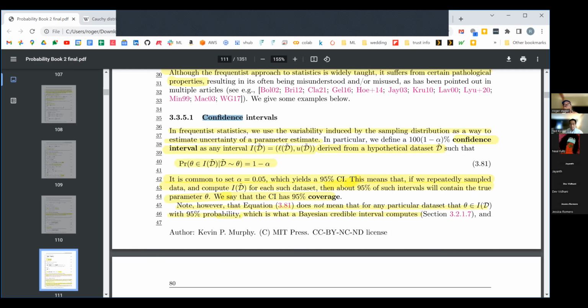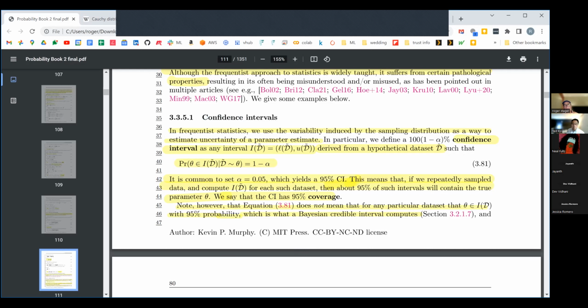And that's what's confusing. Neil, did I get that right? Yeah, and just to add on to this a little bit. This confidence interval that you're constructing, the lower bound and the upper bound are both themselves random variables coming from the data set, right?